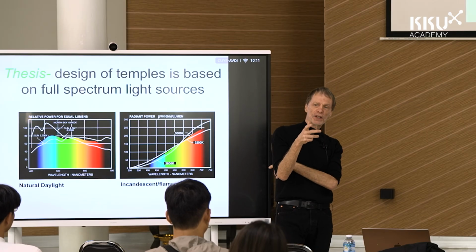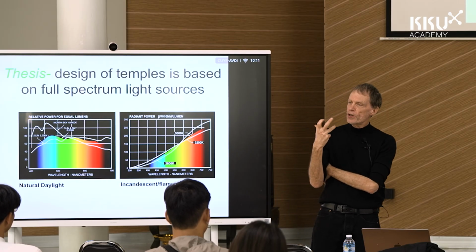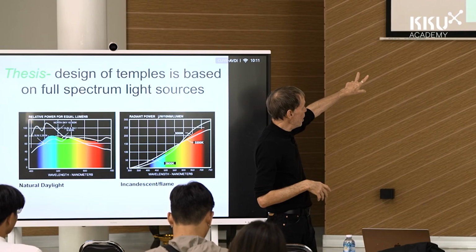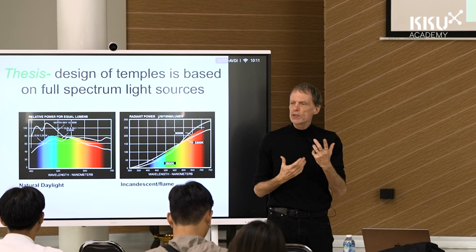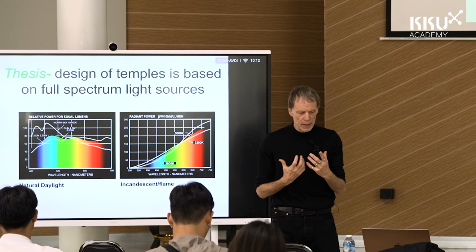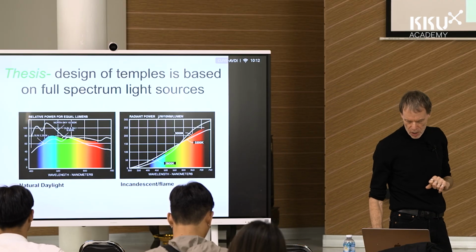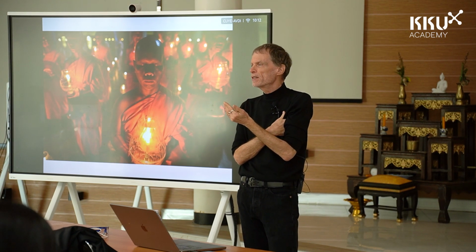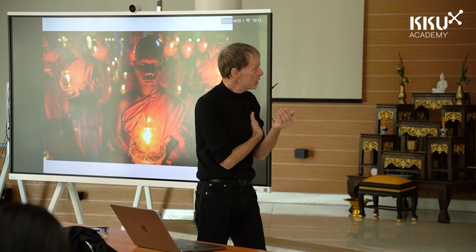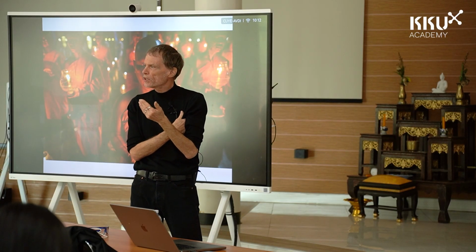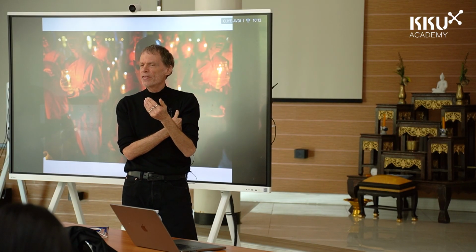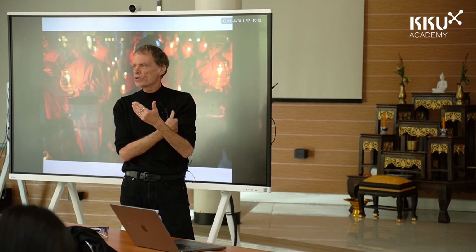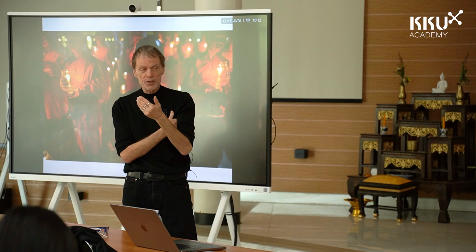So my thesis is that the interior design of temples is almost completely dependent upon the existence of these 2 spectra. And if I look at the color experience inside temples, at the kinds of colors and materials that get used, they align very closely with the spectrum that was used by the original designers.